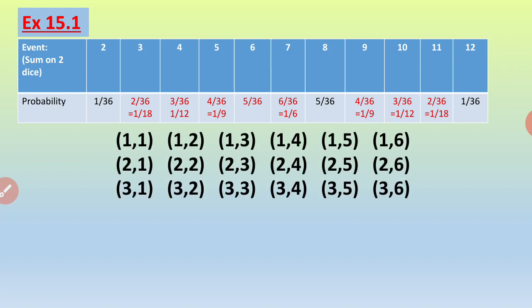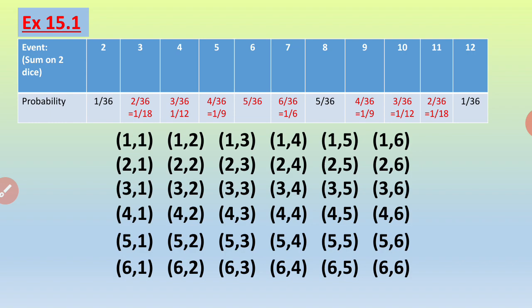Now these are the outcomes which you get when you throw 2 dice. Here the event is the sum on 2 dice. So here 2 dice are thrown together. The outcomes are 1 1, 1 2, 1 3, and so on up to 6 6, as it is now being shown on the screen. We have to find out the event; initially, they have already given the first one to you.